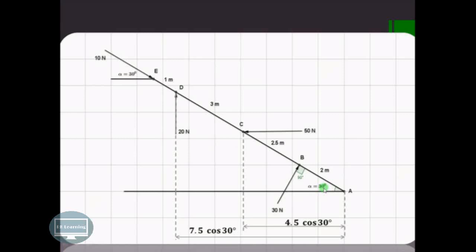Again the angle made by the bar with the horizontal is 30 degree, so this horizontal component is 7.5 cos 30. Similarly, we can calculate the vertical components also. With angle 30, the opposite component is the sine component, so this is 4.5 sine 30. Similarly, this will be 7.5 sine 30 because the angle is the same, 30 degree.